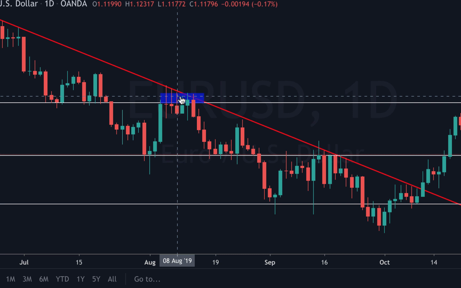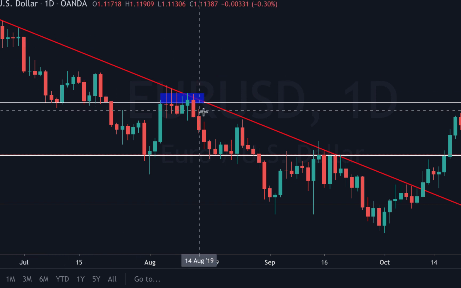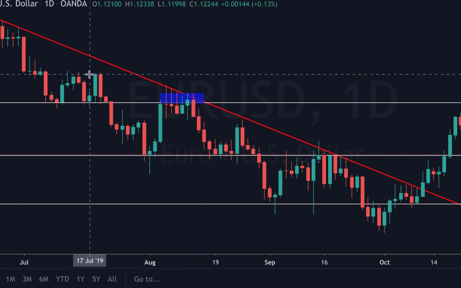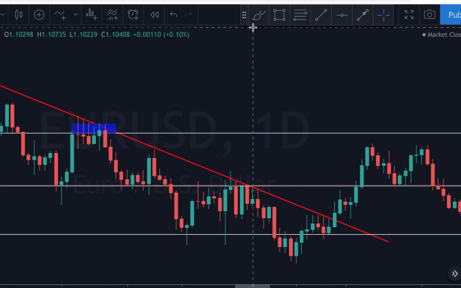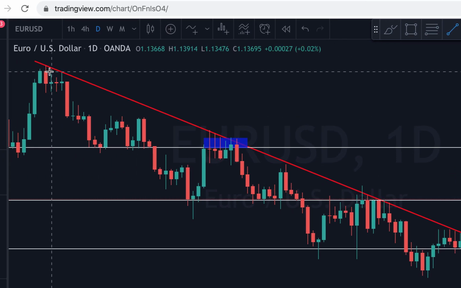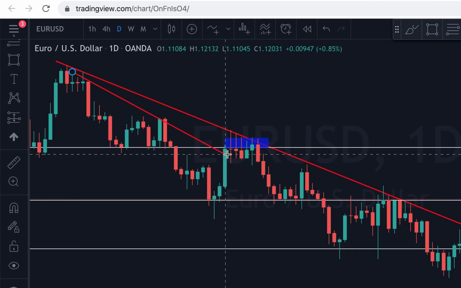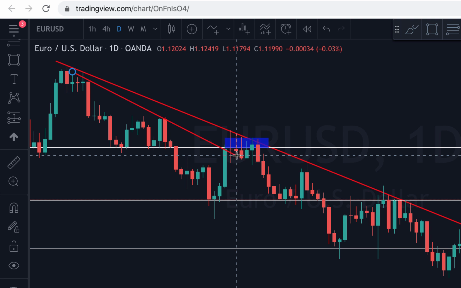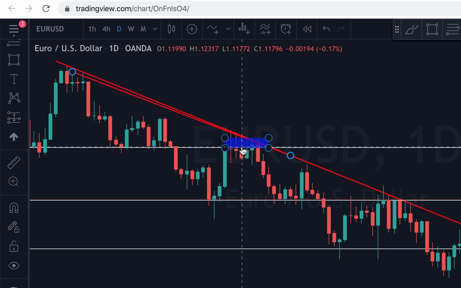In fact, here the market created this new trend line. This new trend line didn't exist before, right? It was probably here. It would have been something like this, right? Now, since we have this new point, we're going to follow that, and we're going to draw a trend line all the way down.